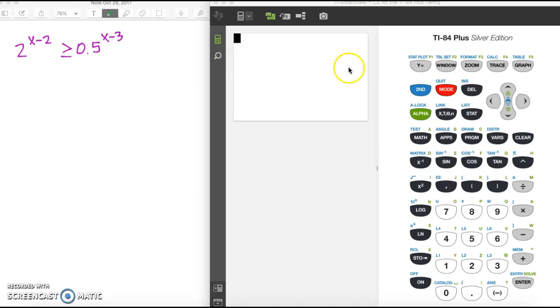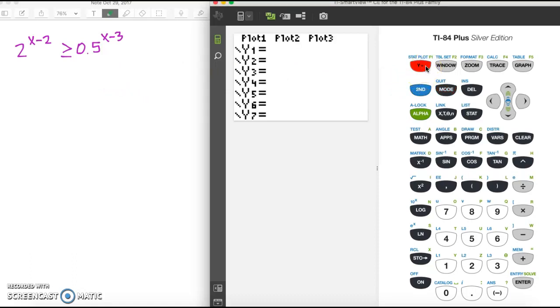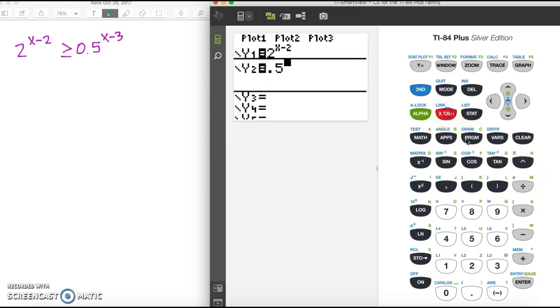Just like when we're solving an equality, we're going to start by putting both of these into our y equals in our calculator. In the first y equals, I'm going to put the first equation, 2 to the x minus 2 power, and in the other equation, 0.5 to the x minus 3 power.